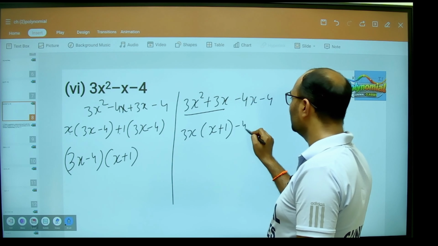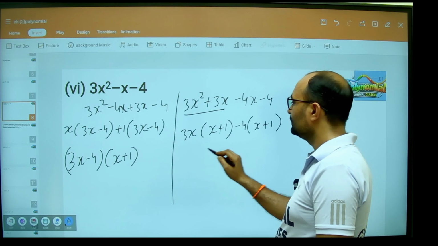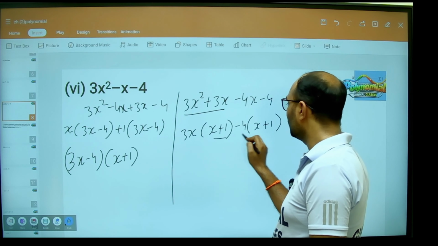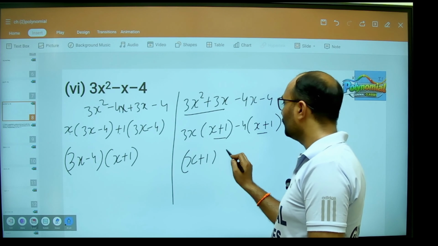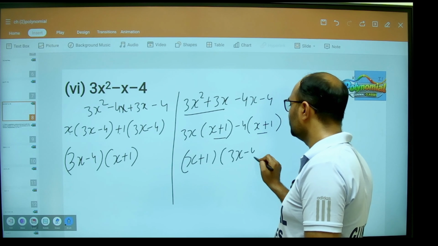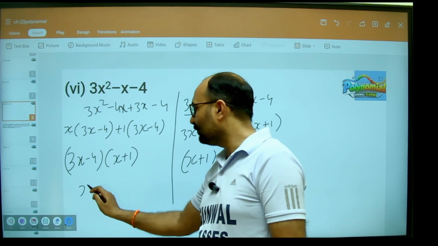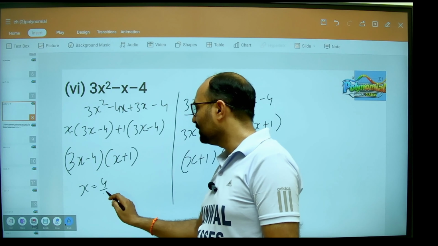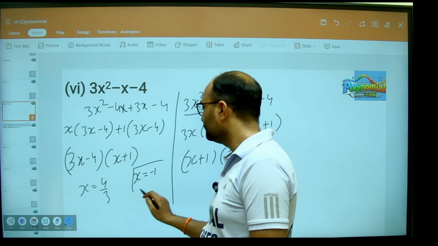Minus 4 is common here. x plus 1. Bracket is same, x plus 1, 3x minus 4. If you substitute this equal to 0, x will be 4 upon 3. If you substitute this equal to 0, x would be minus 1.